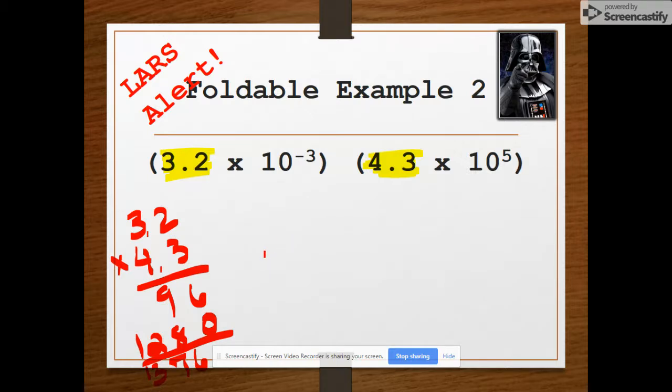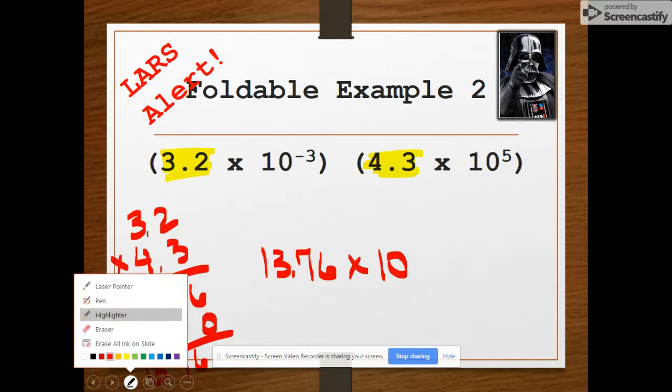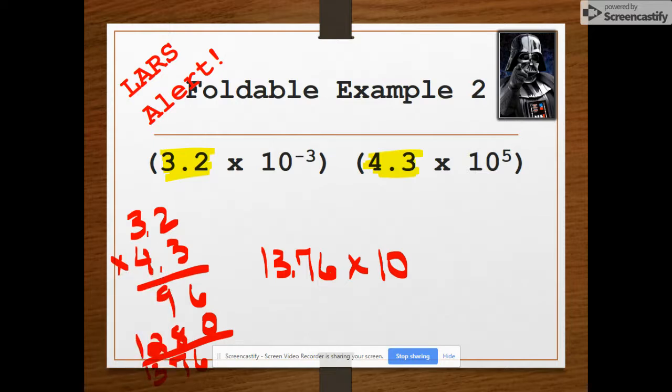So I get 13.76. I'm going to go ahead and write in my times 10 because I know that I am in scientific notation. And when I work in scientific notation, I know that I always have a base of 10.